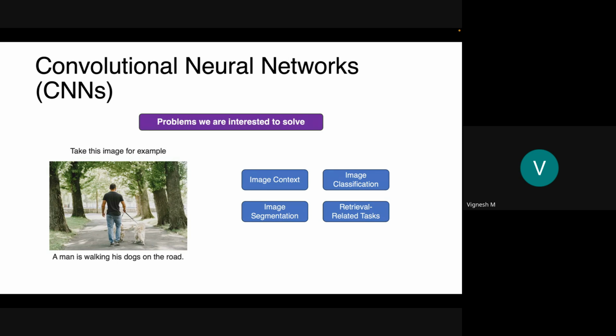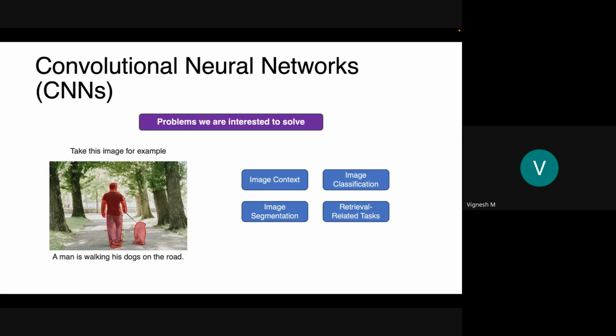And there are many features that you can add to this. A man is walking his dogs on a road in a park. Very likely it looks like a park, but that all depends. And you also want to segment out information about the human or the man, the dog, and probably the trees around.